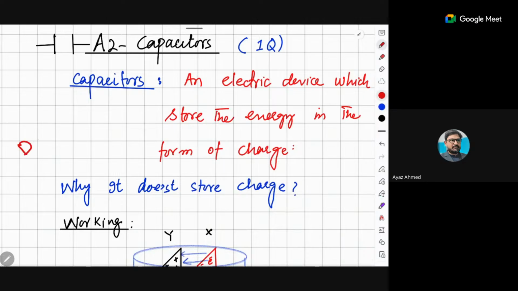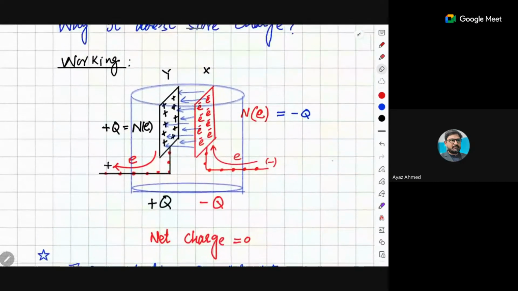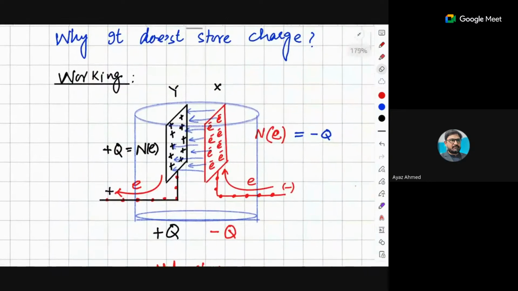It stores the energy in the form of water, isn't it? You got this point? Just like the dams store the energy in the form of water storage, this electrical capacitor stores the energy in the form of charges.